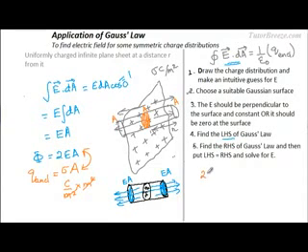So we get 2 times EA is equal to sigma A, the charge enclosed, over epsilon naught. And finally we get the electric field due to this infinite plane uniformly charged sheet as sigma over 2 epsilon naught.